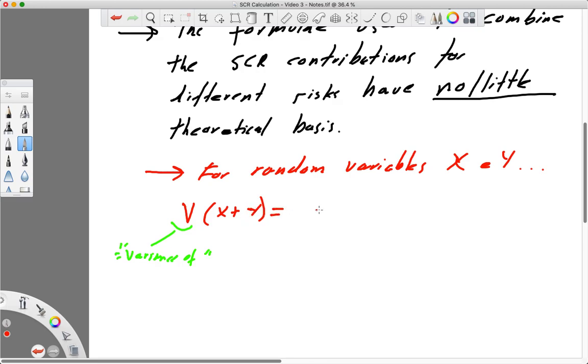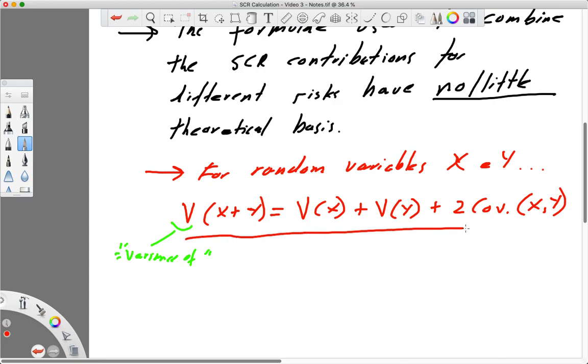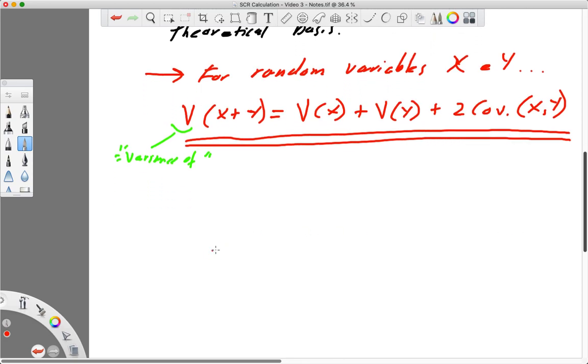So V of x plus y is equal to V of x plus V of y plus 2 times covariance of x with y. Okay, so that should be familiar to you from probability.